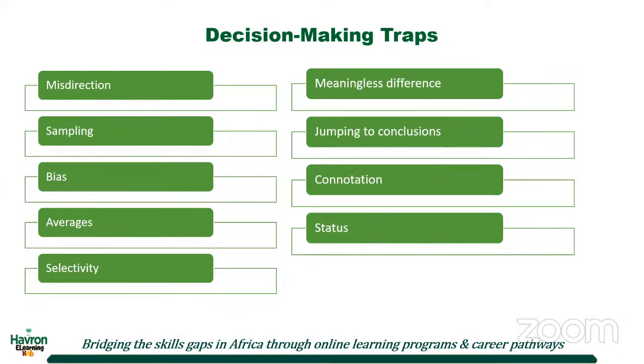Another one is sampling. There is also a danger of making a decision based on a sampling that is too small. For instance, you may ask three people when they want a Christmas party to be held and get every one of them to agree on the same day. But it will be dangerous to go ahead with that date based on such a small sampling.